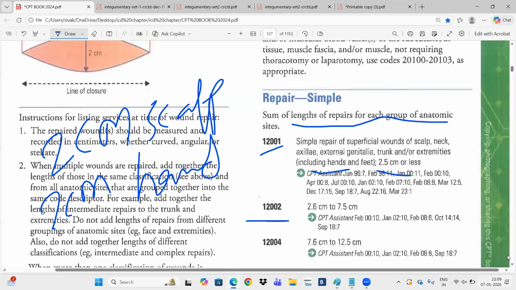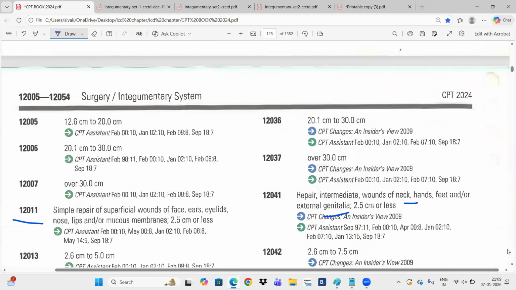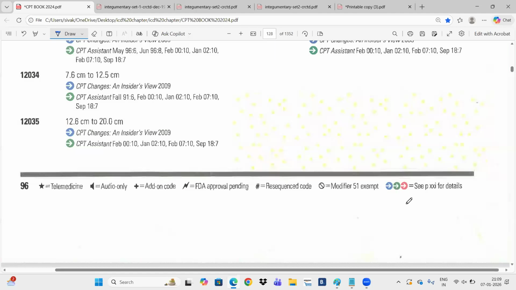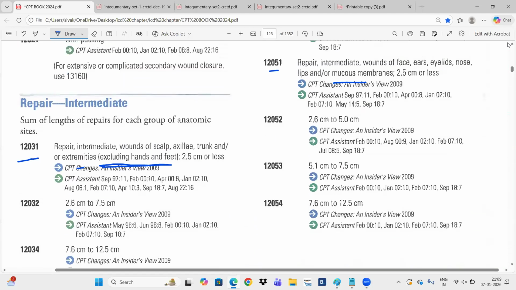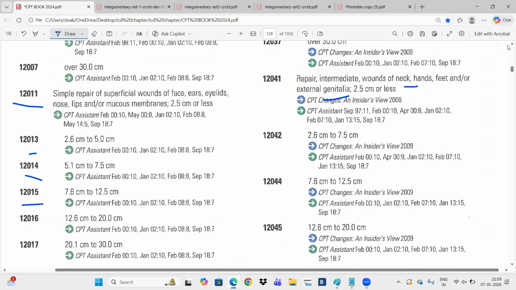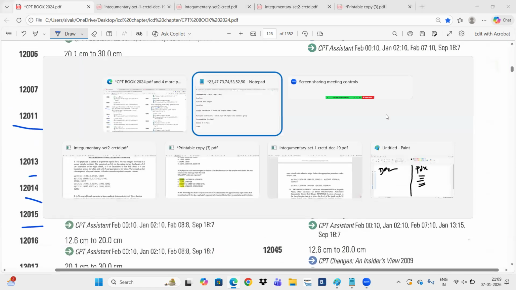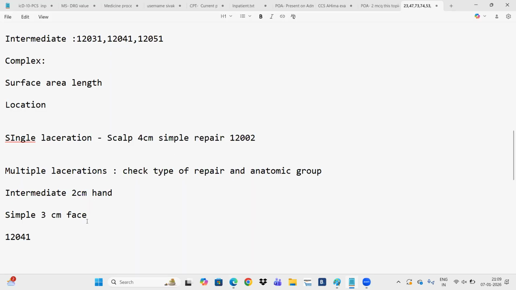Read at least what they documented. 12033 was excluding, right? 12041, hand, 2 centimeter. Next, face 3 centimeter simple.